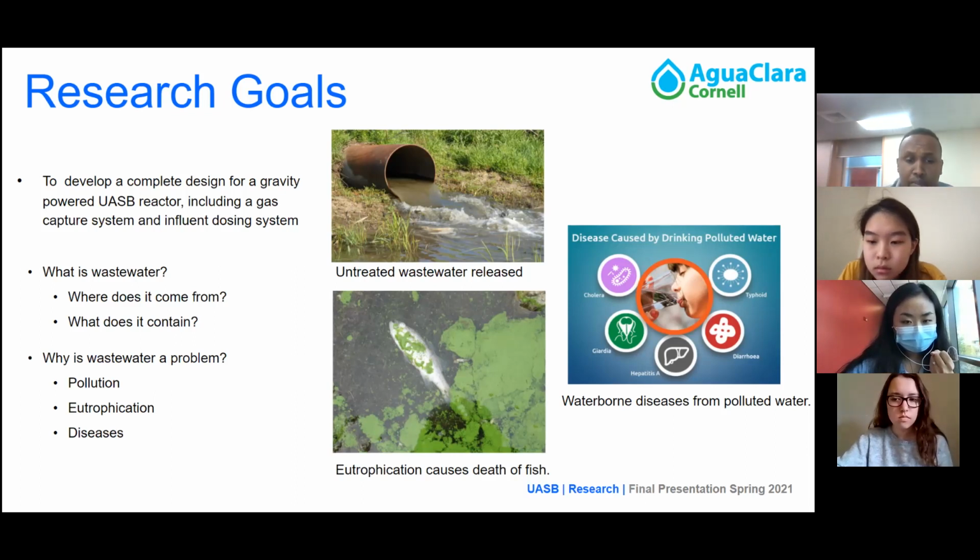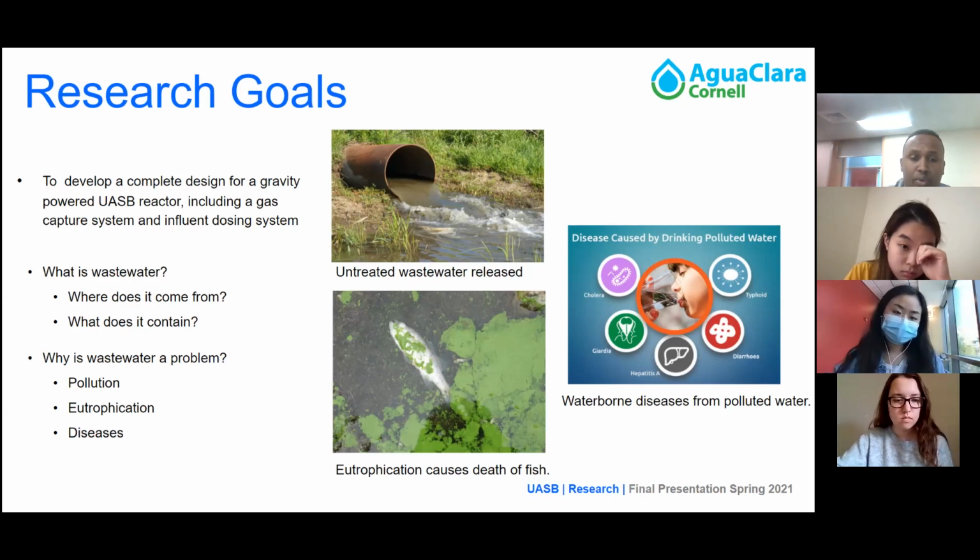Wastewater is a problem because untreated wastewater has a great impact on the environment. For example, water pollutants and organic matter at high concentration can kill aquatic organisms like fish and many other organisms.